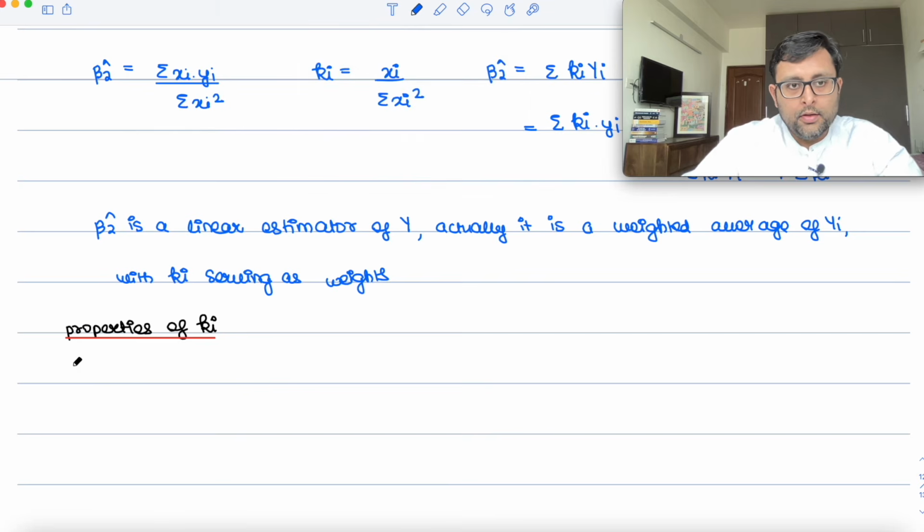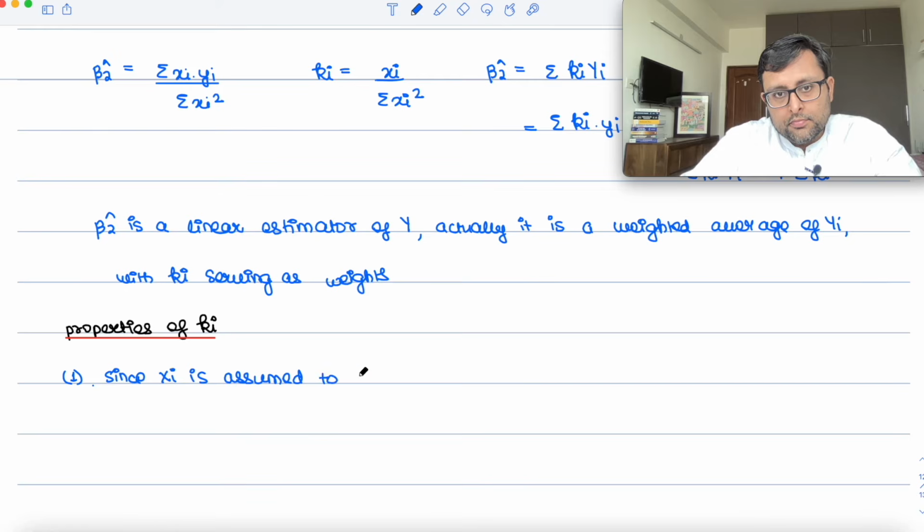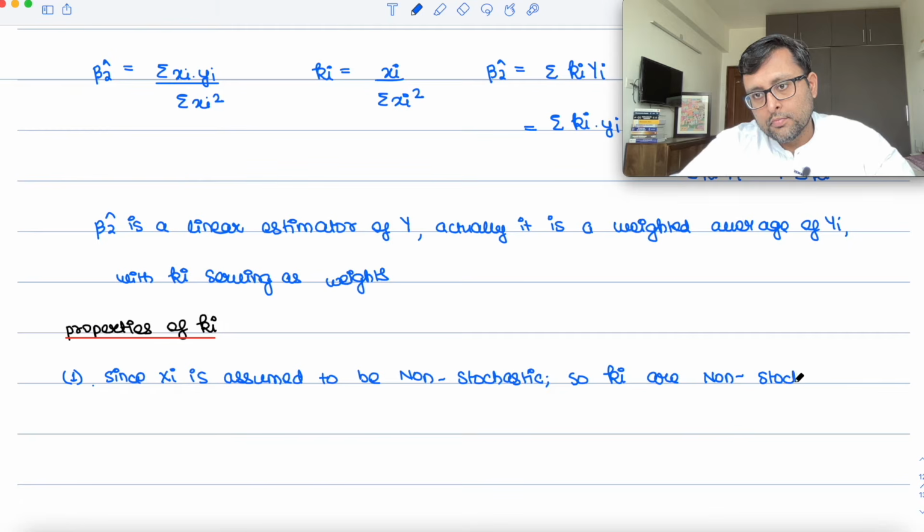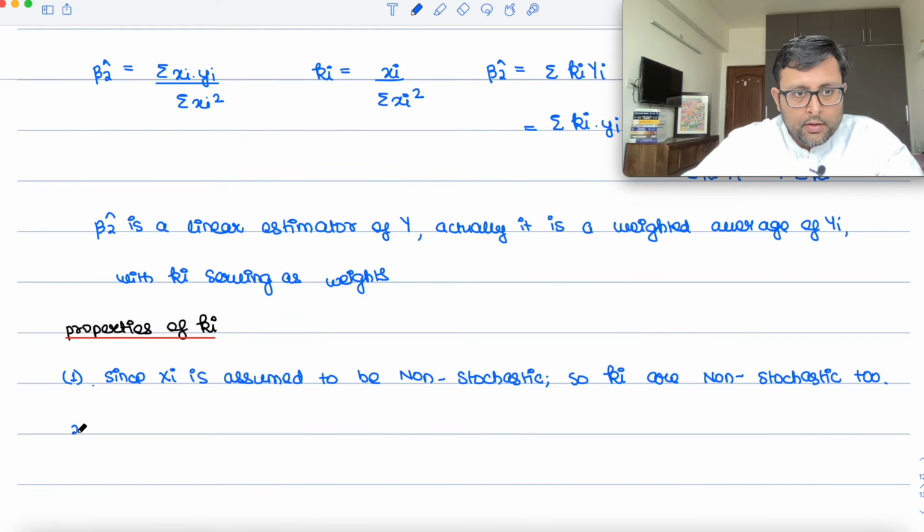Properties of ki. One, since xi is assumed to be non-stochastic, and ki is only dependent upon xi, ki is also assumed to be non-stochastic. Second, what is summation of ki?